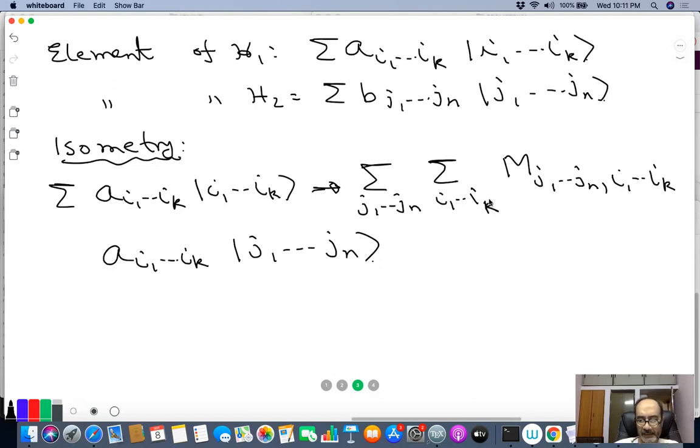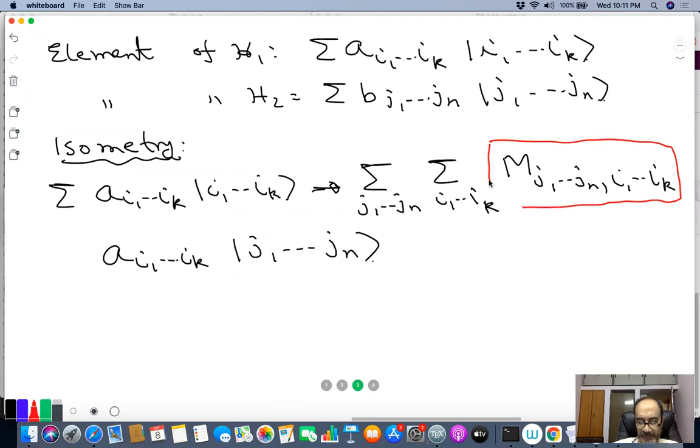Okay, so this is the coefficient M J1 to Jn, I1 to Ik, A I1 to Ik, and this is the basis state that multiplies it. So this is the isometry map. So basically, it is matrix M that encodes this map.